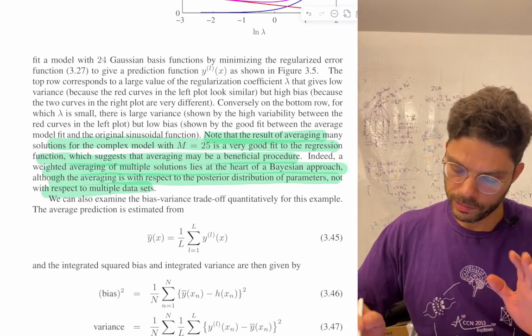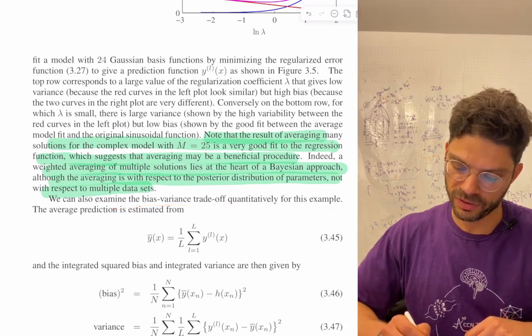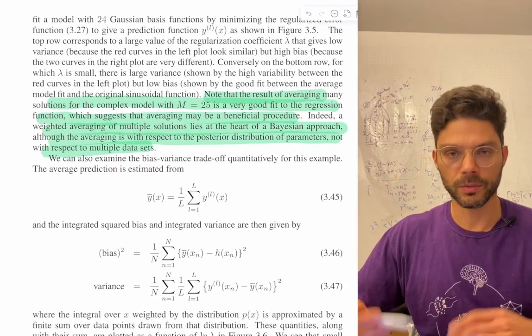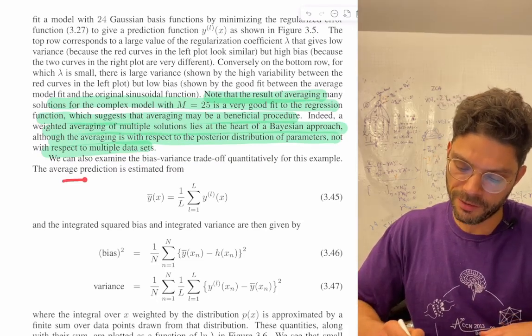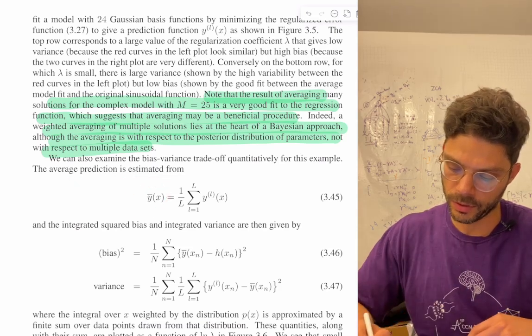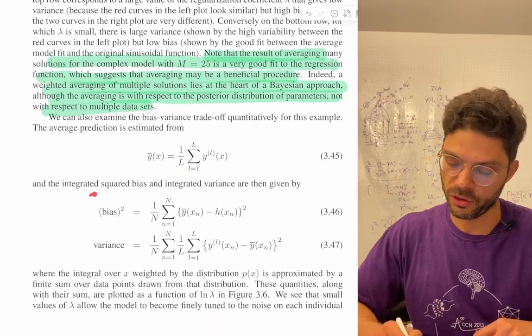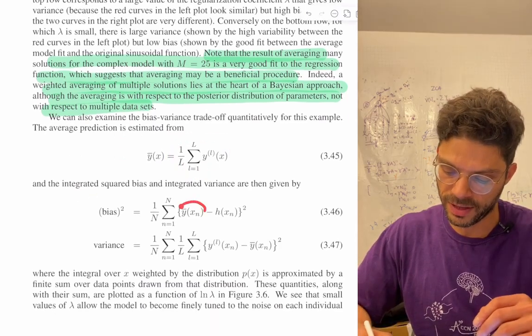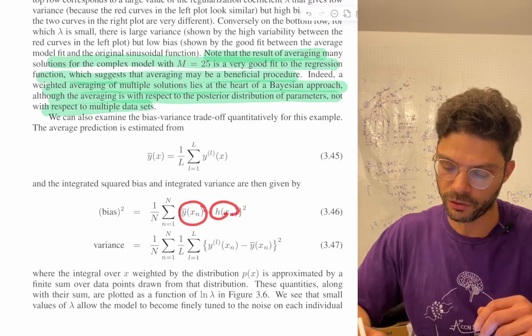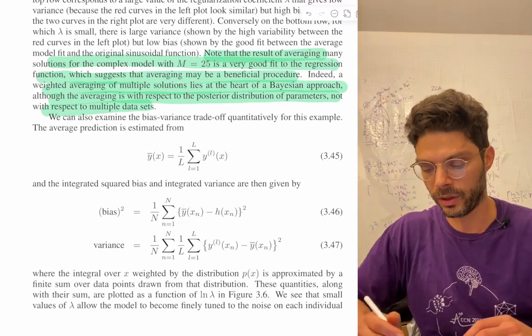We can also examine the bias-variance trade-off quantitatively for this example. I'm going to compute a few of these, and we'll compute them ourselves as well. The average prediction is estimated from this thing, which is just your average over the different data sets. Then you compute the bias term. Remember, this is the average at each point minus the true value. Instead of integrating, we'll just average over a bunch of points on the line.